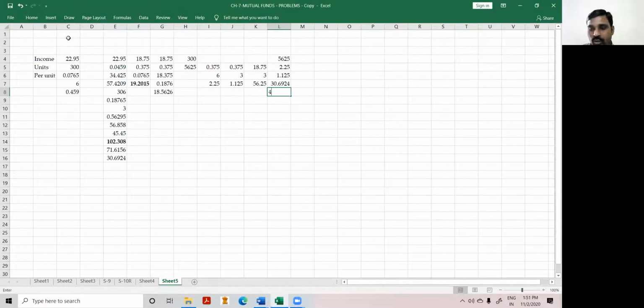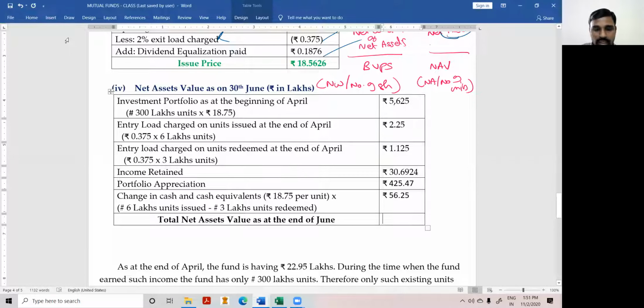Next 425.47. Next 56.25. What is the total? The total will be 6140.79 lakhs.